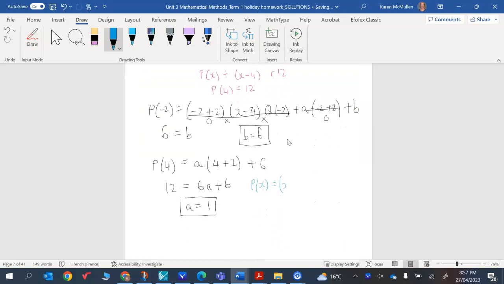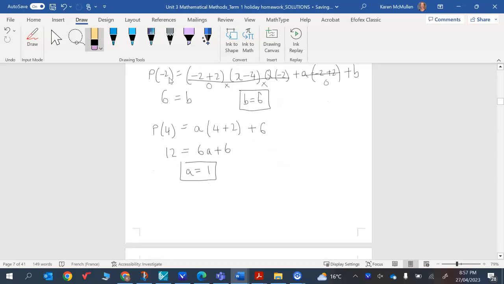All right, so we've got X plus 2, X minus 4 times Q of X, and I'm going to run out of room. Oh, this is so frustrating. I might have to go on to the next page. All right, just bear with me.